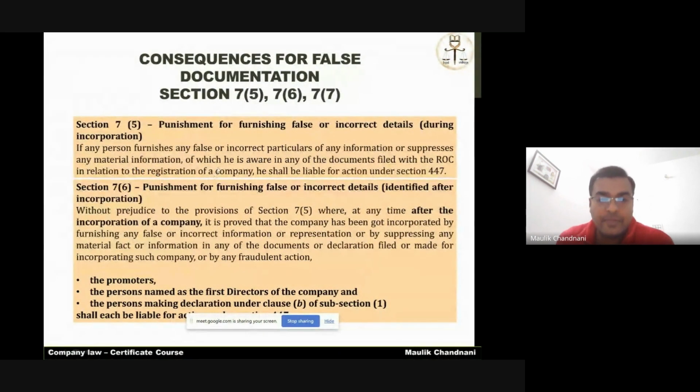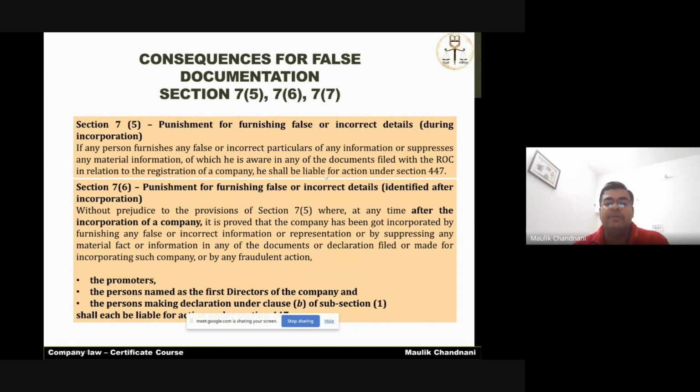Now, if the promoter, the director, or the practicing professional like a practicing lawyer or chartered accountant has given any false or incorrect information, then for false documentation there is a punishment.